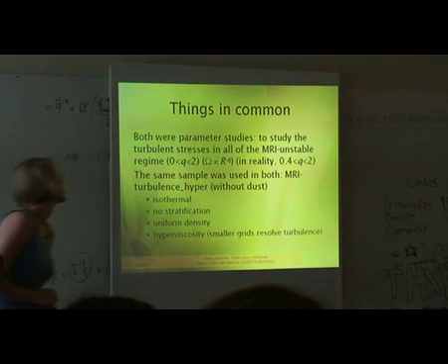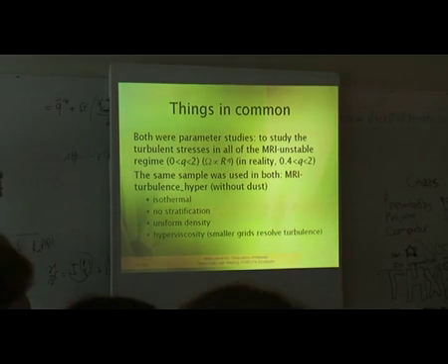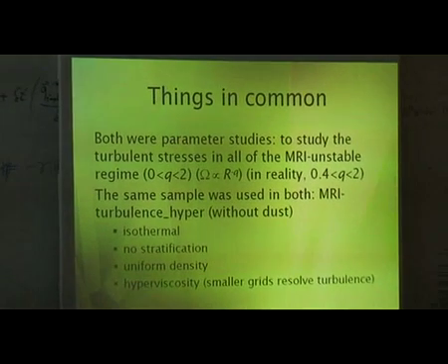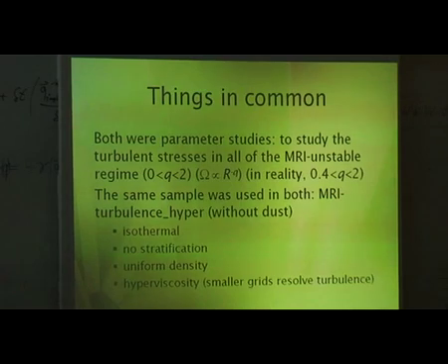The things that these two studies had in common: they were both parameter studies, where we studied the turbulence stresses, or wished to study all the turbulence stresses in all of the MRI unstable regime, with this shear parameter Q ranging from 0 to 2, where Q characterizes the rotation profile.